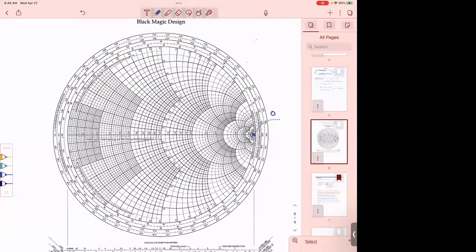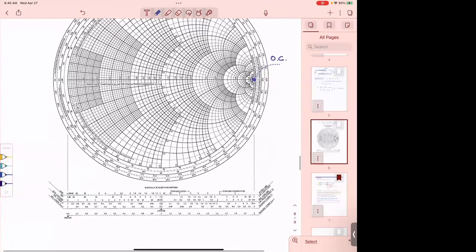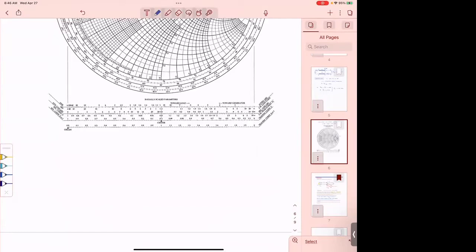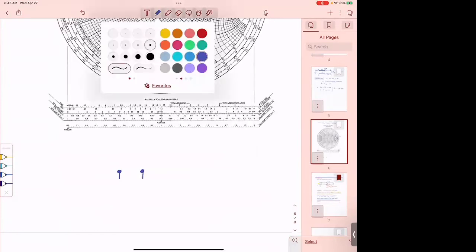That's the open circuit. Remember, the stub was like this. And then we had a transmission line here.